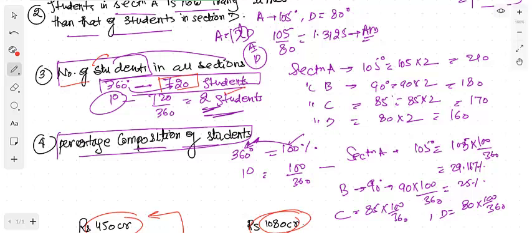And if they ask for the answers in percentage composition, then you have to convert degrees into percentage, where 360 degrees means 100%.